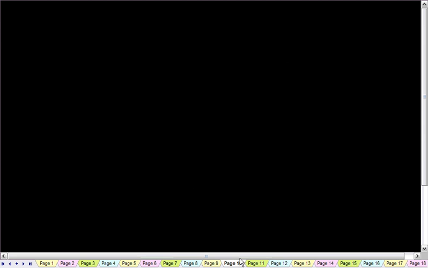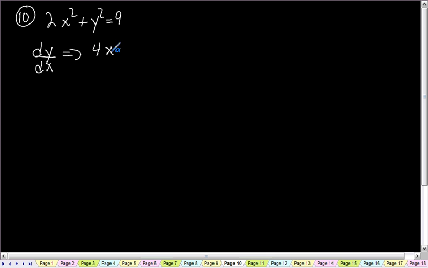Number 10. The second one is 9 equals x squared plus y squared, so take dy/dx of both sides. Bring down the 2, that's 4x, take away 1. This becomes 2y dy/dx. The constant is 0.